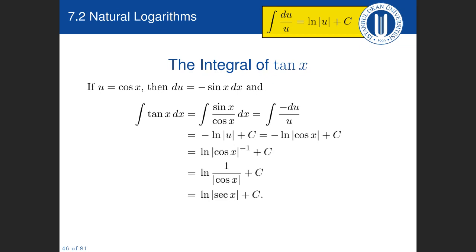Minus ln absolute value of cos x is ln absolute value of cos x to the power minus 1 plus c, or ln 1 divided by absolute value of cos x plus c, but 1 over cos is just sec. So the formula is the integral of tan is ln absolute value of sec x plus c.